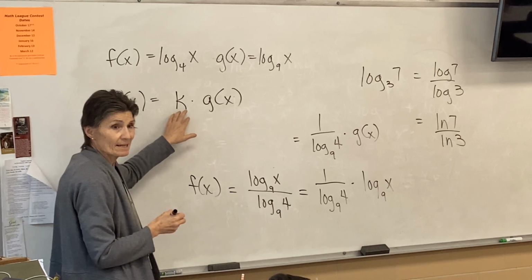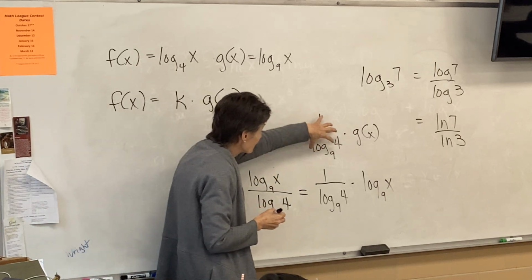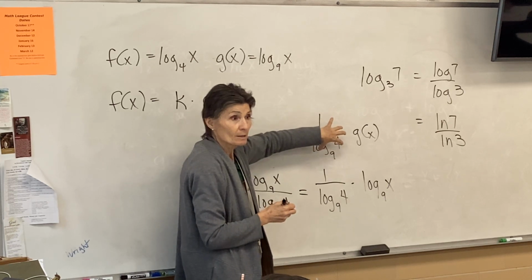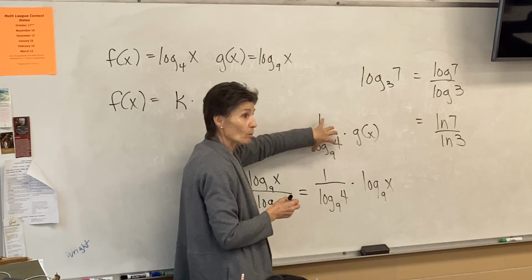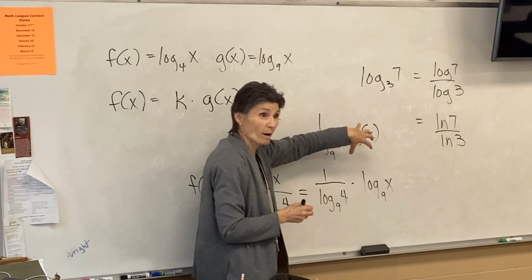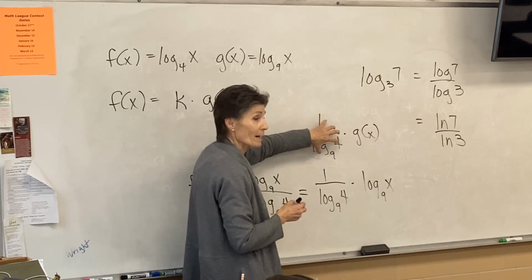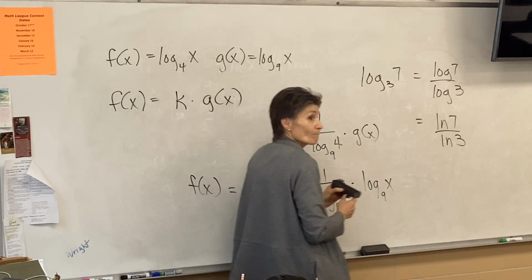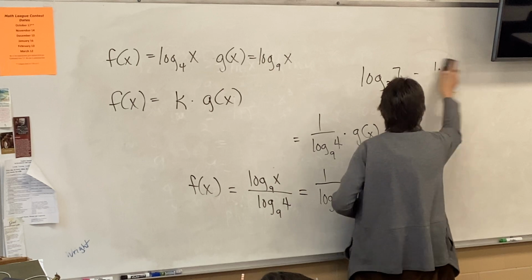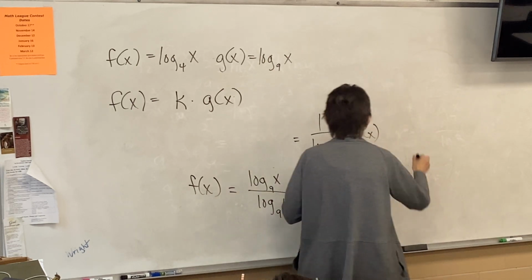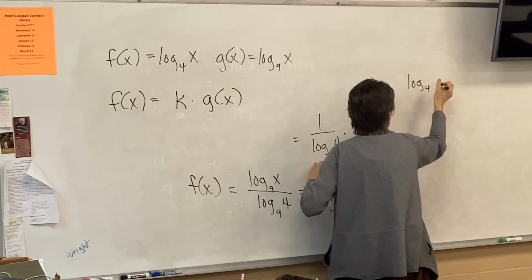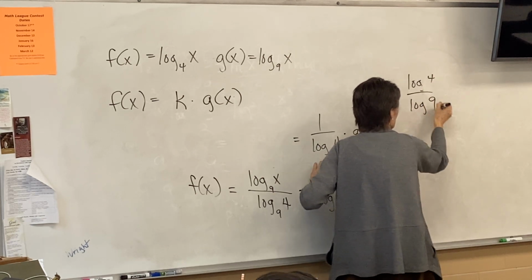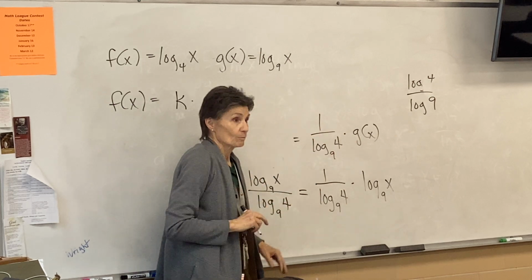So what's k? K is this number right here. Is this a number? Can I figure out what that number is if I actually want a decimal for it? How would I figure out this number? Log 4 divided by log 9, then you get a number and then take the reciprocal.